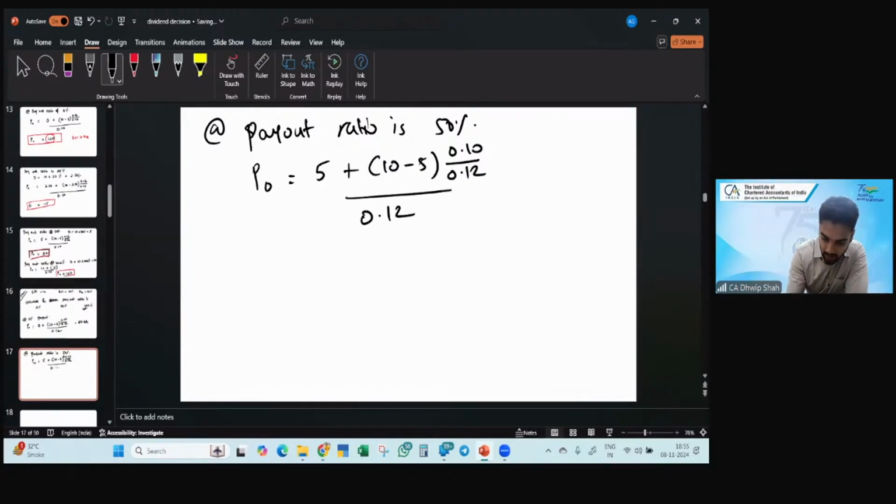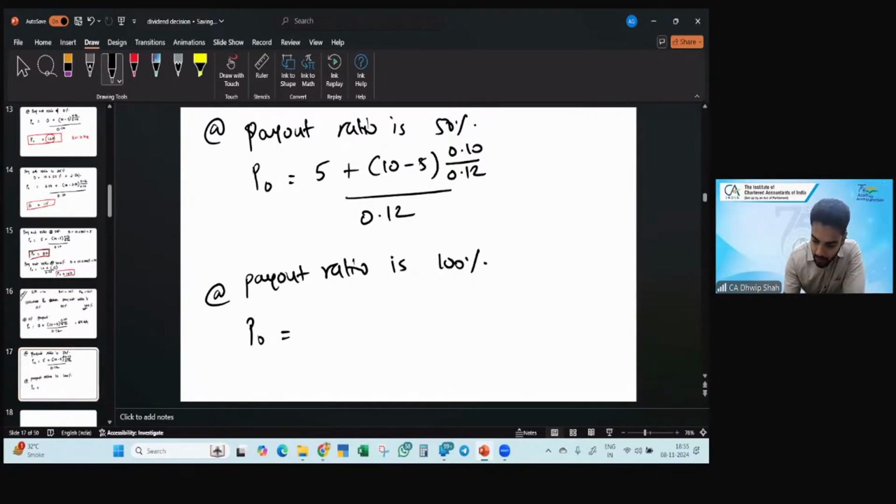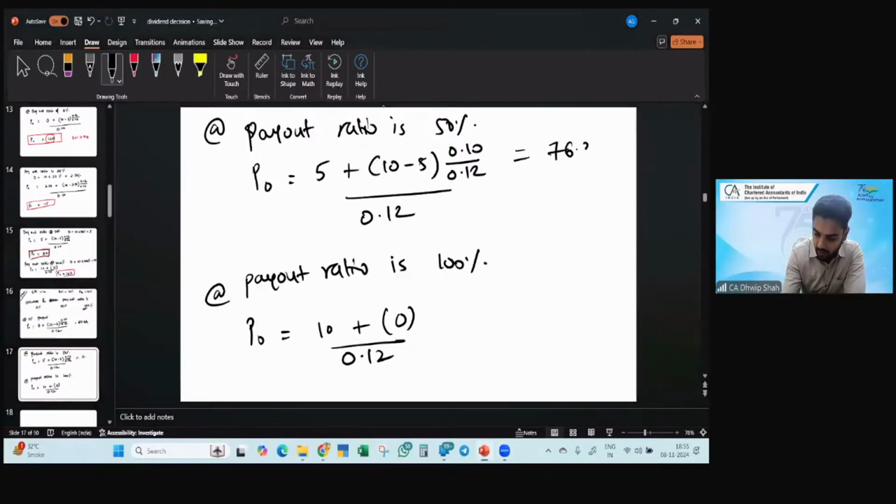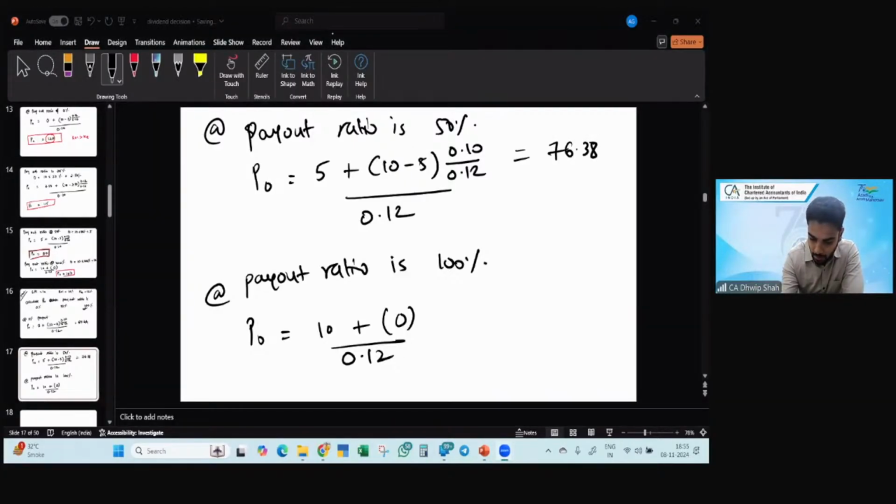And at payout ratio of 100%, P0 price would be 10 plus 0, the whole divided by 0.12. What is it at 50%? At 50% it is 76.38. And at 100% it comes to 83.33.